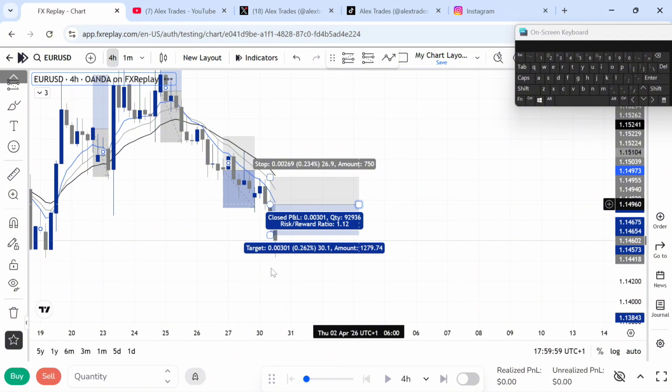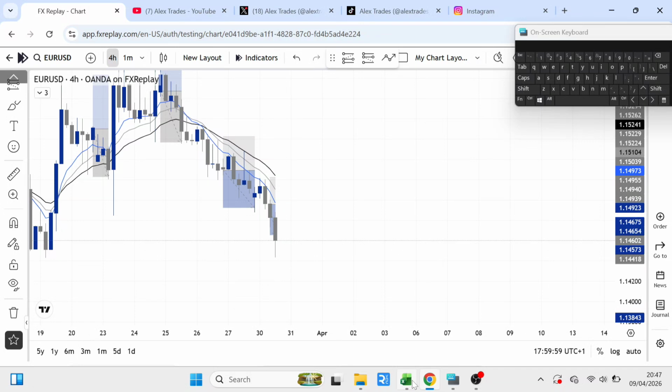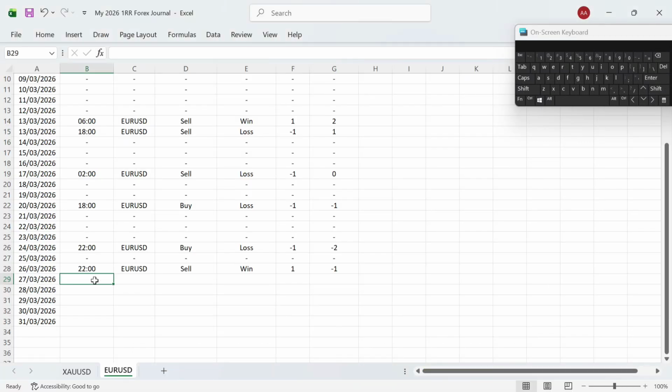So 30th of March, 10 o'clock. I think that should be that for the month. I don't know if we'll get another trade on 31st that could possibly take us out of break even or even back into drawdown.